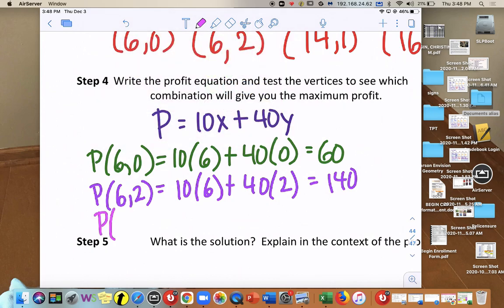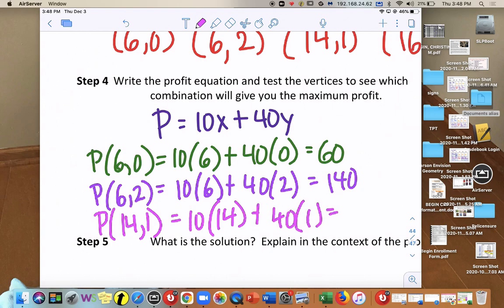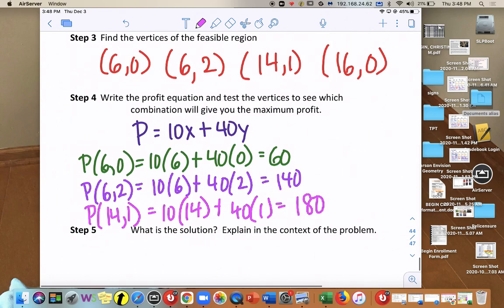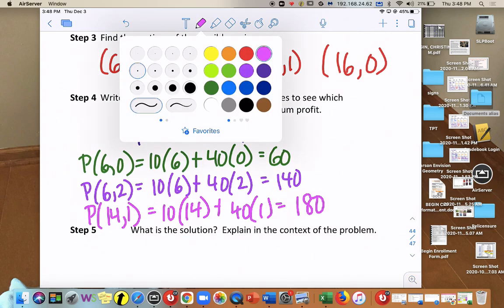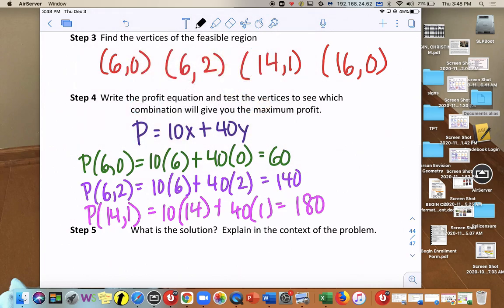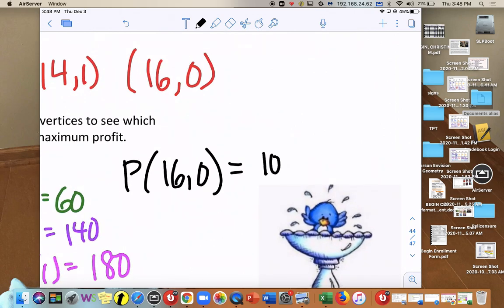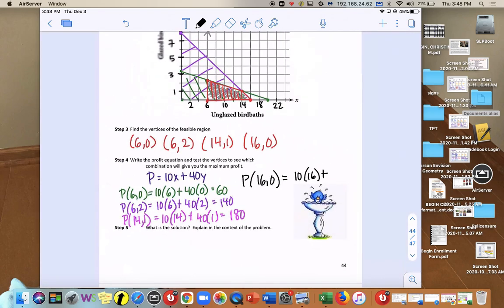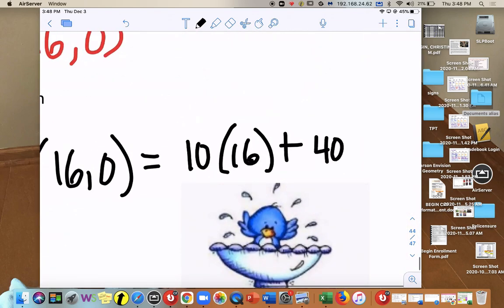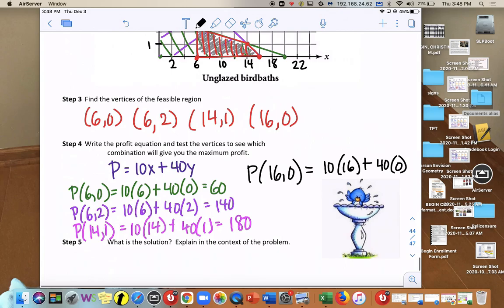The profit off 14, 1 would be 10 times 14 plus 40 times 1, and so that would be $180. Okay, it's looking good. Let's try our last one just to make sure. So that would be 16 unglazed, 0 glazed. So the profit off 16, 0, or 16 unglazed plus 0 glazed would be $160.